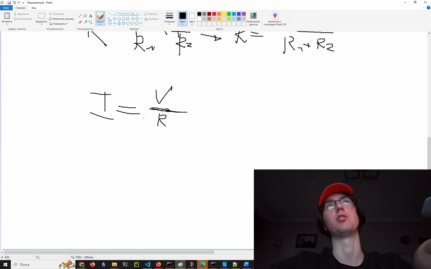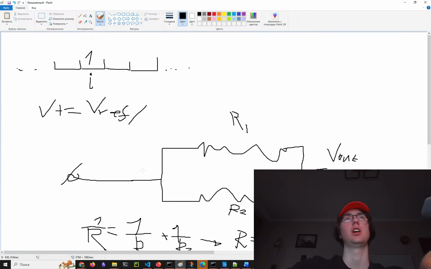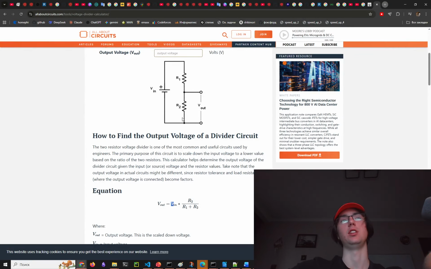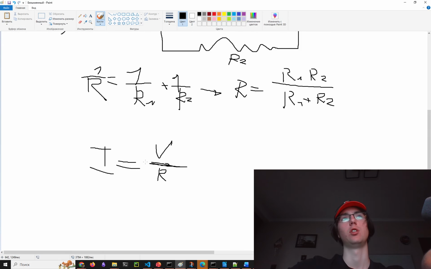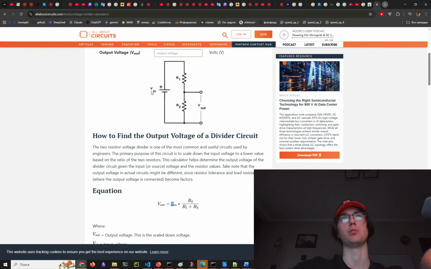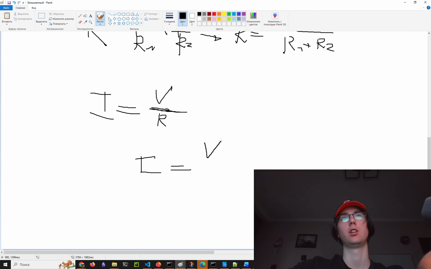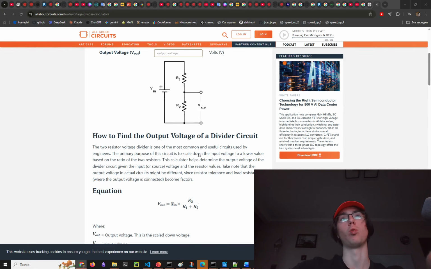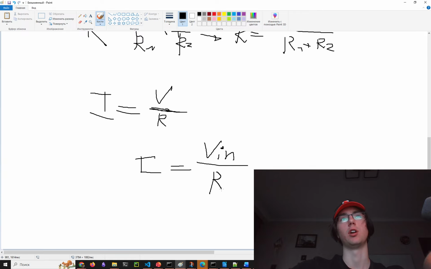So we'll know that there is the law like this. And if we want to calculate the current power here, yep, what we need to do, we need to divide the voltage, which is basically V input, by the resistance, so by R1.